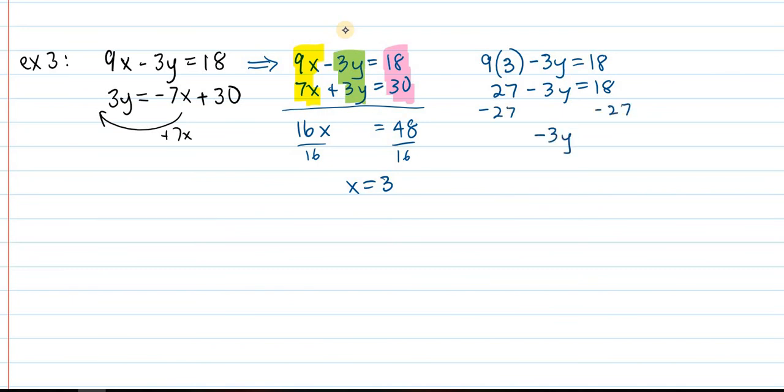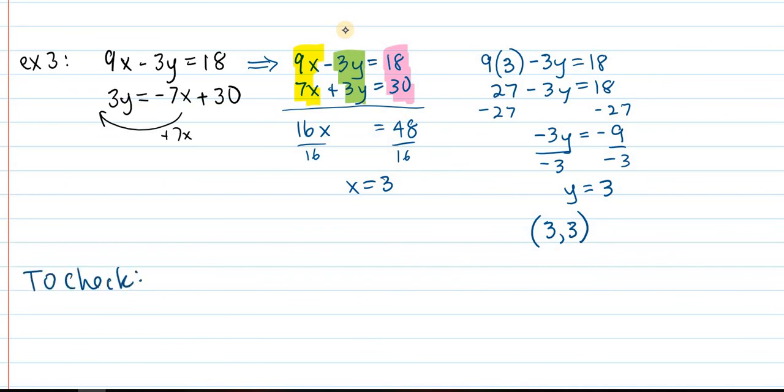So negative 3y equals -9. And then continuing to solve for y, divide by -3 on both sides, and I get y equals +3. So my final solution is going to be 3, 3.